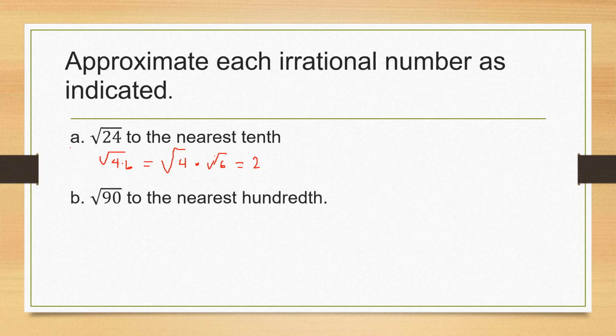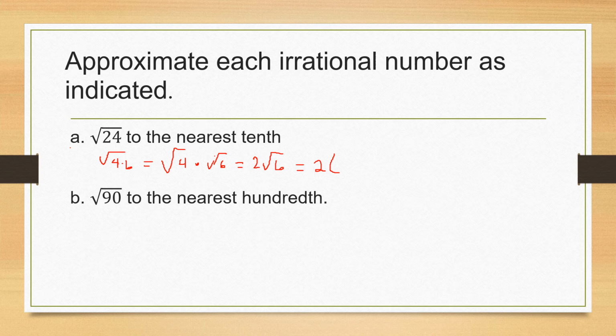And we get the square root of 6. So 2 square root of 6. Now using your calculator, you can get the square root of 6 as 2.449.